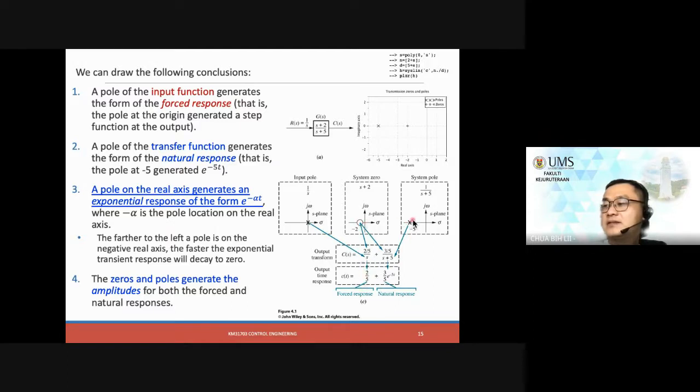When there is a pole in the transfer function, it contributes to the exponential decay of the natural response, where the zeros determine how much it will react, according to both the forced as well as the natural response.